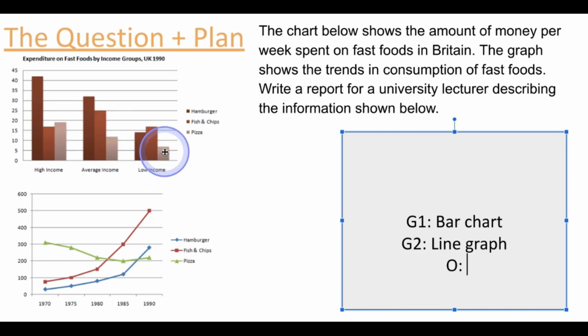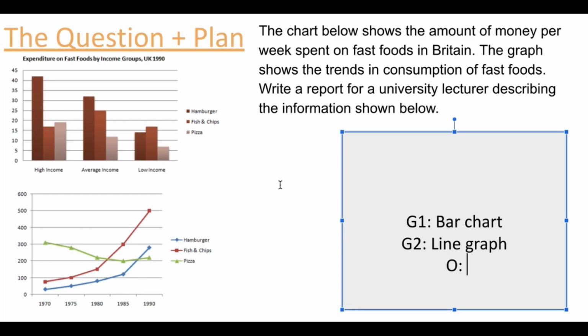That follows the same trend. Whereas fish and chips sort of fluctuates. Although it fluctuates, its popularity goes up over the years. Whereas pizza's sort of declines. And hamburger, that popularity goes up.